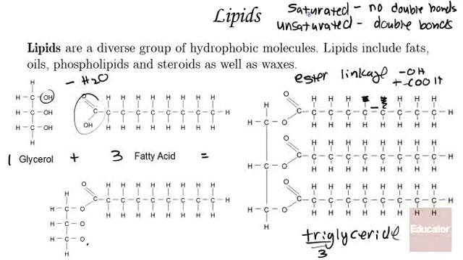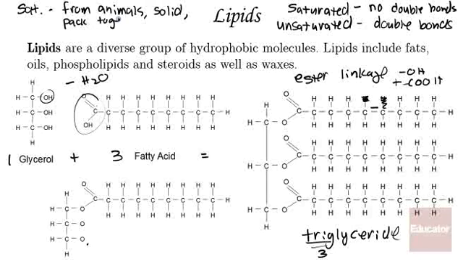You'll often hear people say, oh, saturated fats are the bad ones and unsaturated are the good ones. So let's talk about some differences between these two types of fats. Saturated fats have no double bonds, and they often come from animals. They're animal fats. They are solid at room temperature, and the molecules that comprise them pack together tightly.